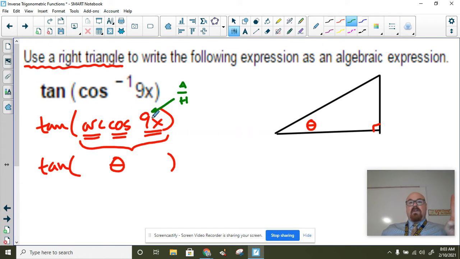That's certainly not a coordinate, so it has to be the ratio of sides. So it might make a little bit more sense, instead of writing it as 9x, to say it's the arc cosine of 9x over 1. Now it's the adjacent side to said angle over the hypotenuse. So the hypotenuse is 1 and the adjacent side is 9x.